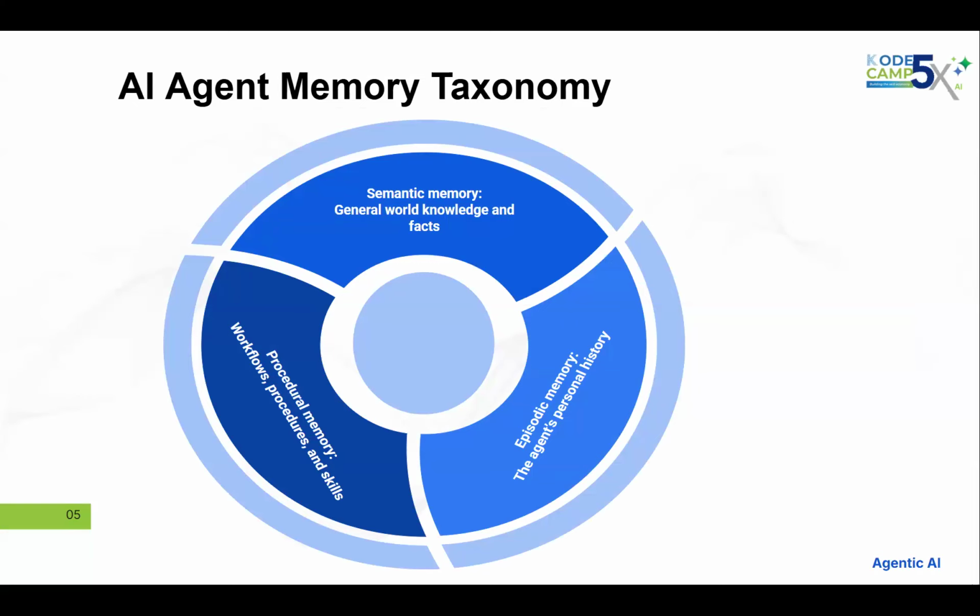Here, we are focusing more on persistent memory. So we have semantic memory, which has to do with general facts, general world knowledge. Who is the president of Egypt, for example? That's a fact.